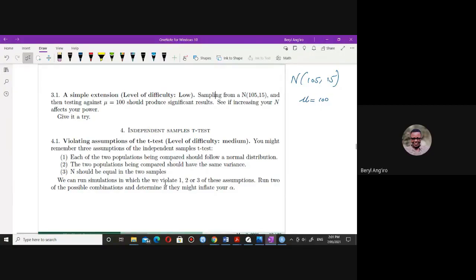So when you violate the assumptions of the t-test, you might remember 3 assumptions of the t-test. For instance, if you're testing a 2 sample t-test, mu1 equals mu2 versus the alternative that mu1 is not equal to mu2.